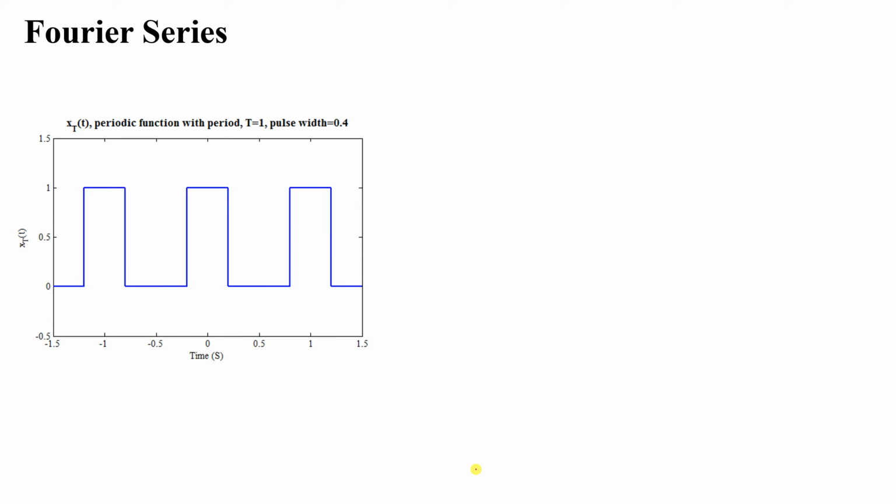Now let's see some examples to understand the idea. For Fourier series, we said that it is used for periodic signals, right? Now for periodic signals, we have something like this. This is a periodic signal, which repeats itself.